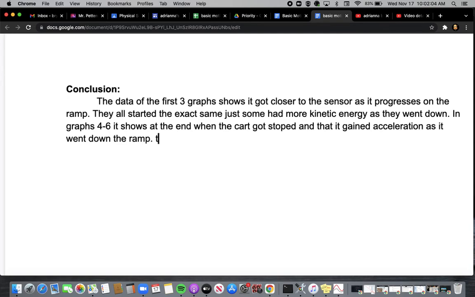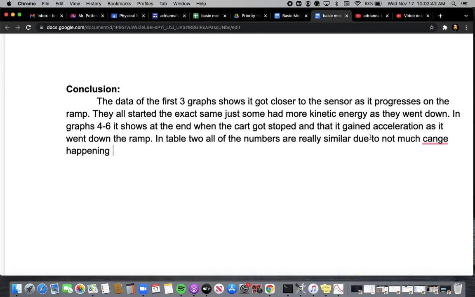So we'll say with table 2, all of the numbers are really similar, due to not much change happening with each trial.